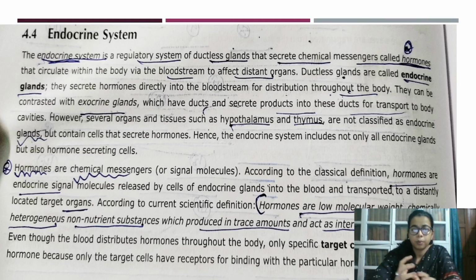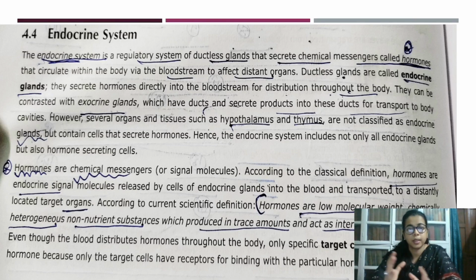Whatever they secrete, they transport through the duct into different body cavities. Whereas endocrine glands do not have any ducts, that is, they are ductless glands. Whatever they secrete, a chemical messenger, is known as a hormone. These hormones circulate in our bloodstream and transfer to a distant organ. So this is the difference between the endocrine system and the exocrine system.